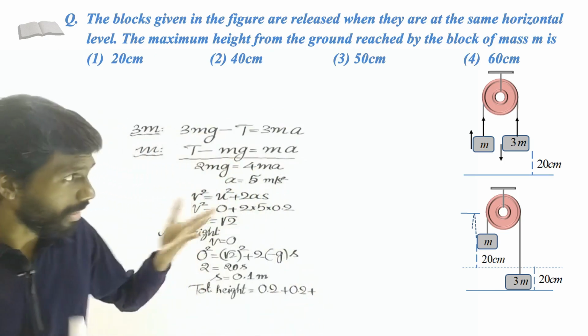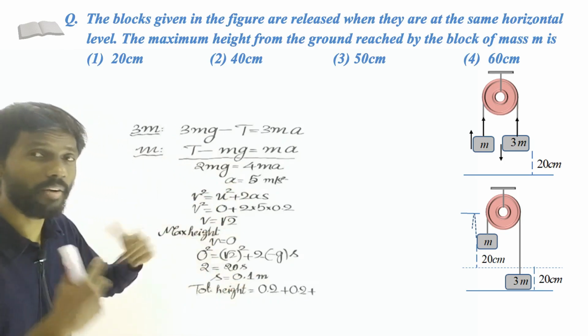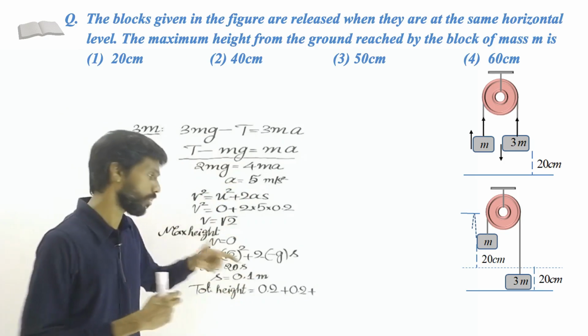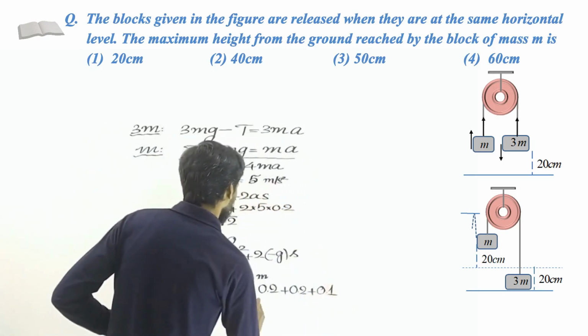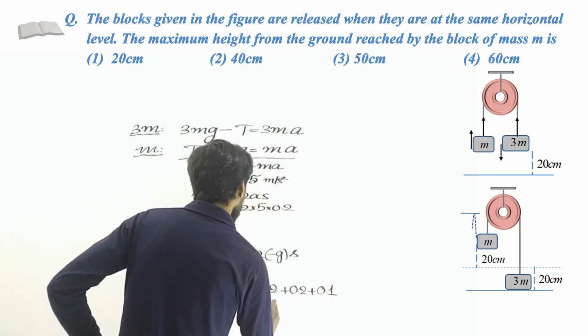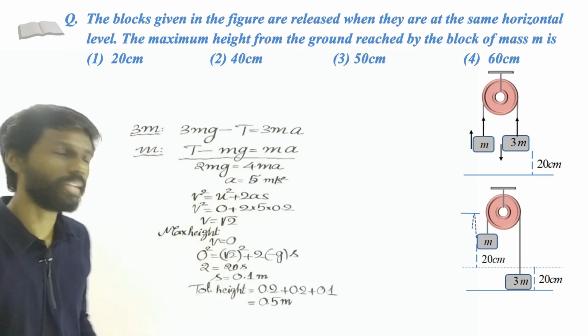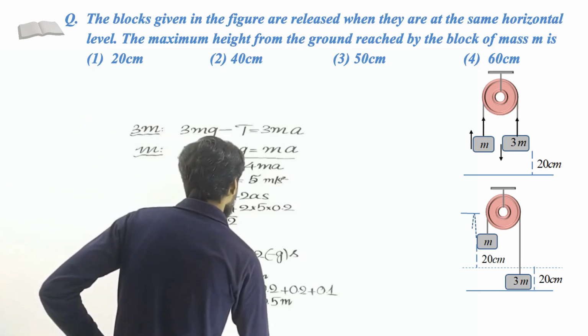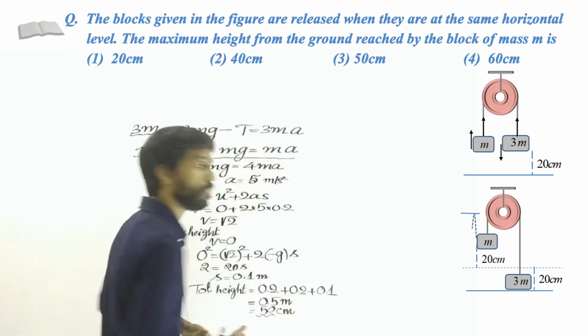And over this level it covers a further distance of 0.1 meter, so that should also be added. So that equals 0.5 meter. That is the answer, or we can say 50 centimeter is the maximum height reached by that object.